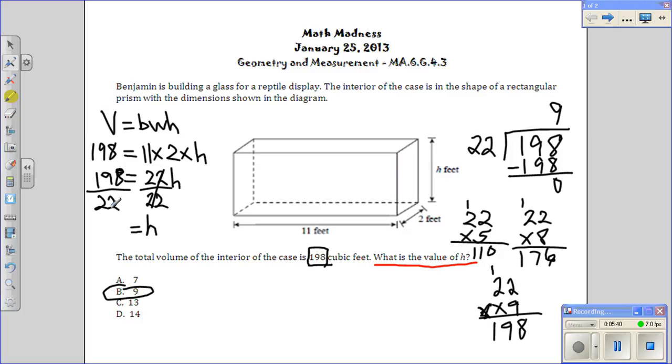My sentence will be, I'll do it in black, easier for y'all to see. The value of H is 9. And we are done.